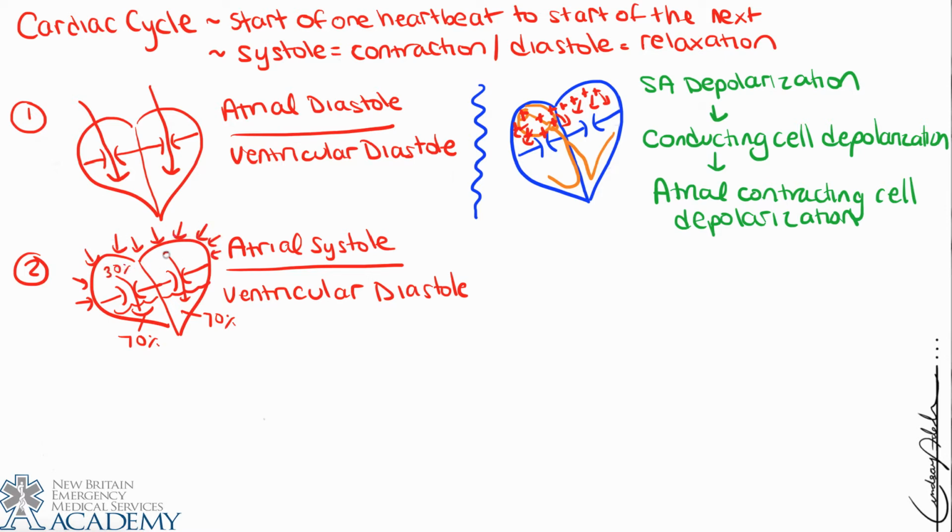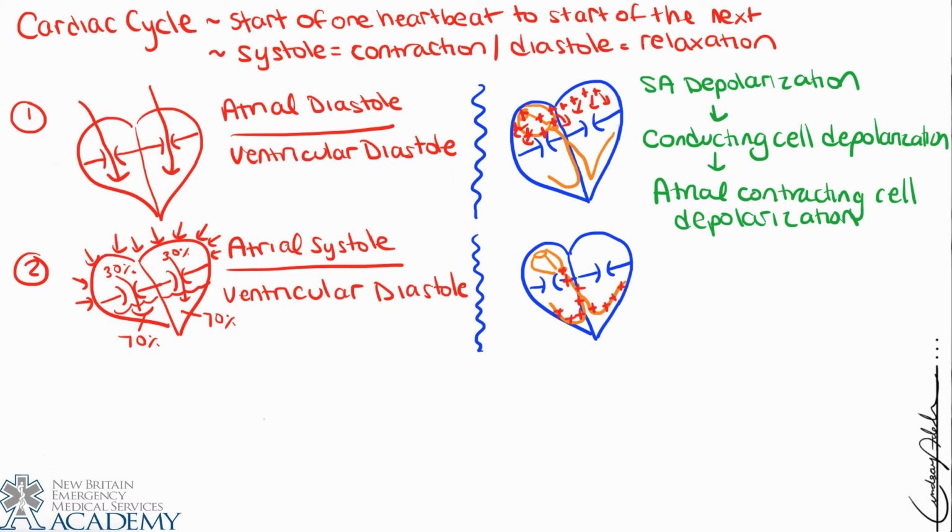Now, let's also consider what's happening simultaneously. So while the atria are contracting, the ventricles are depolarizing. So we know that the conduction passes through the AV node, and we'll have initially slowed depolarization for the AV node because we want to allow for time for the atria to contract. And then the electrical impulse is going to travel.